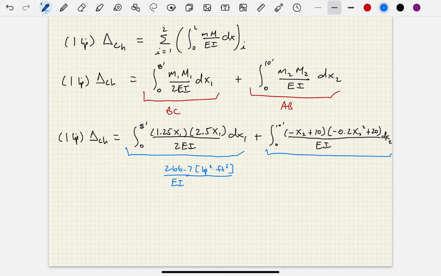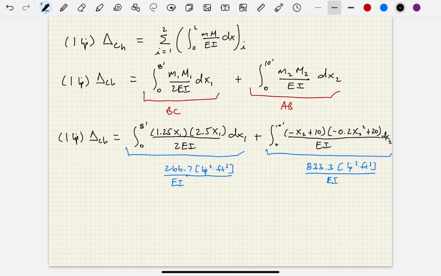Wrap that up in a parentheses. And for this term, I get 833.3, also kip squared, feet cubed over EI. And so I add those two together, and I get 1100 basically.